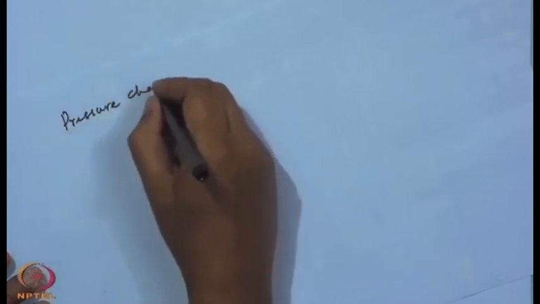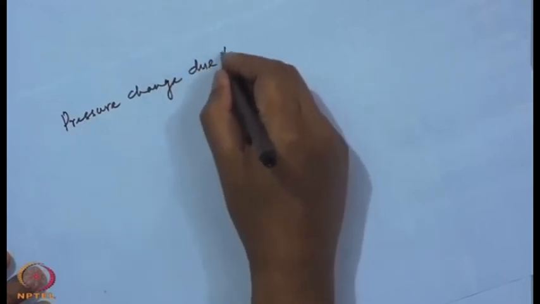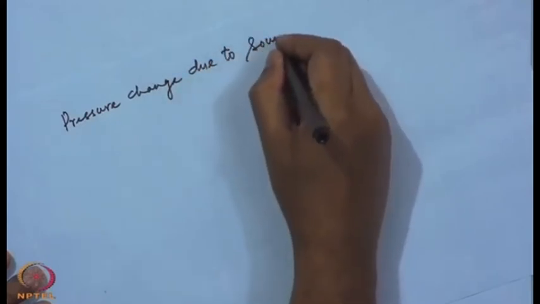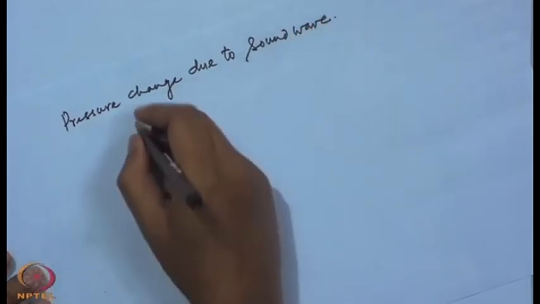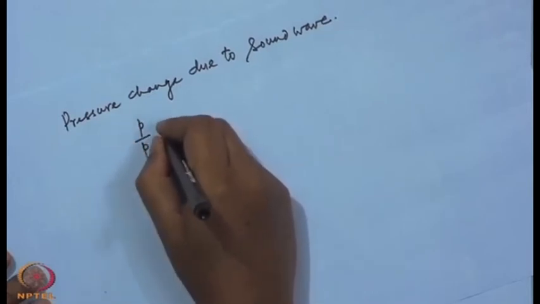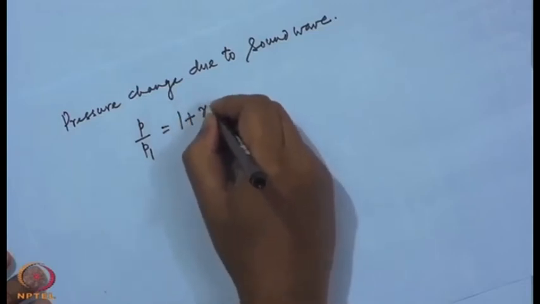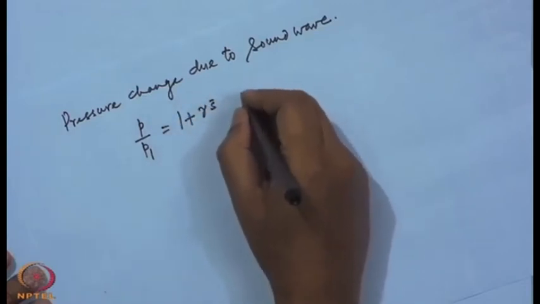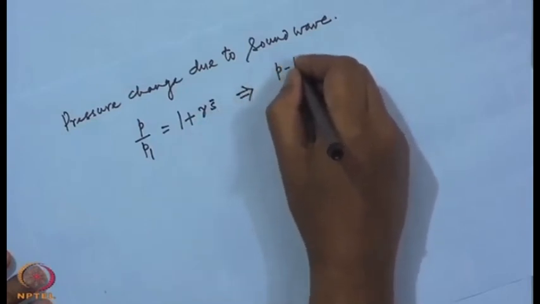the pressure change in a sound wave. We have seen that p by p1, for small disturbance, is 1 plus gamma s bar, which implies the pressure change is proportional to s bar.